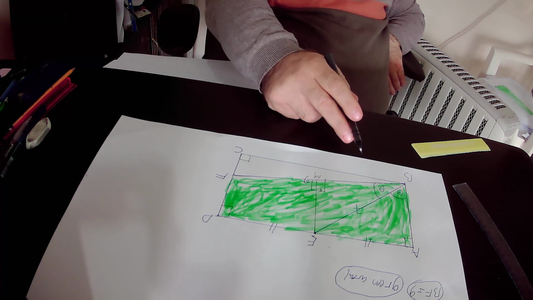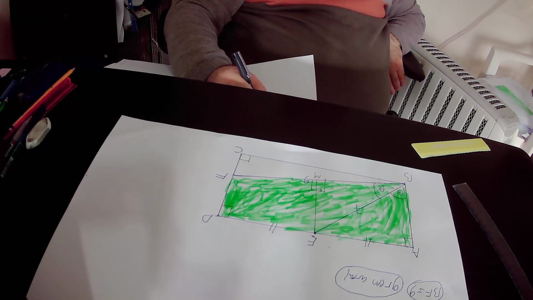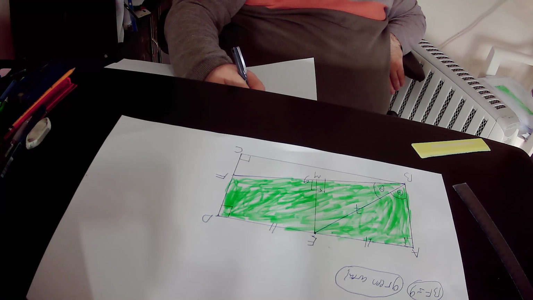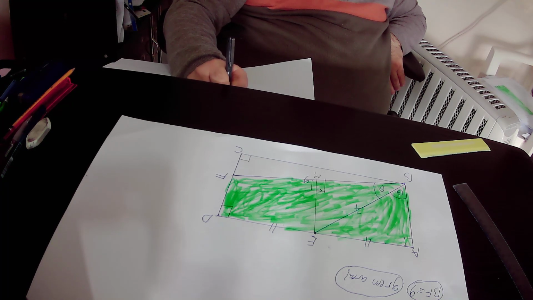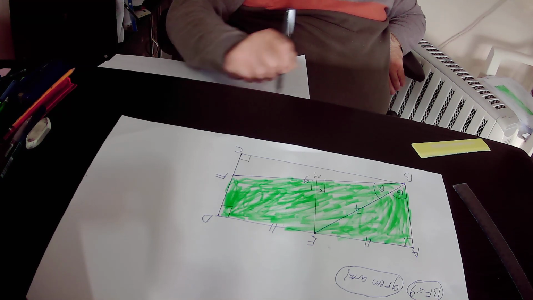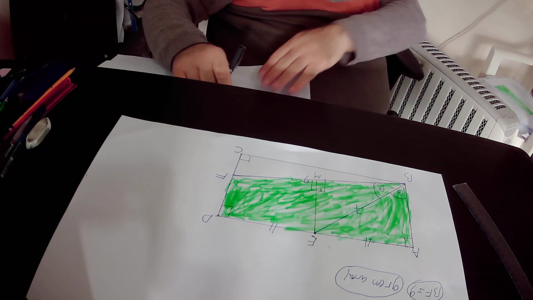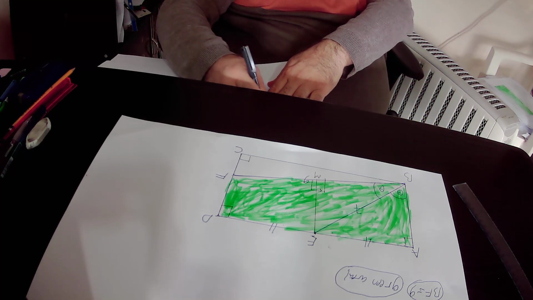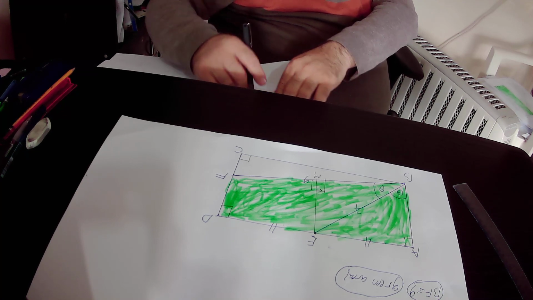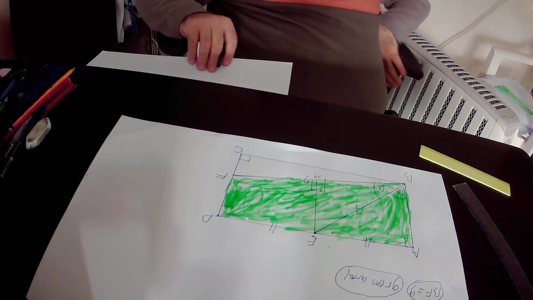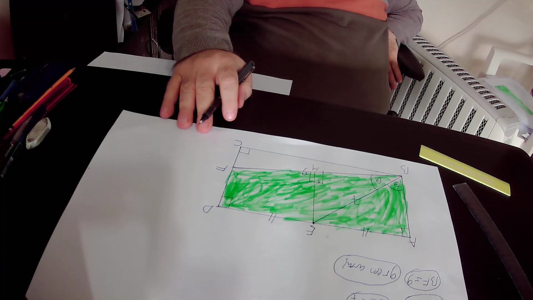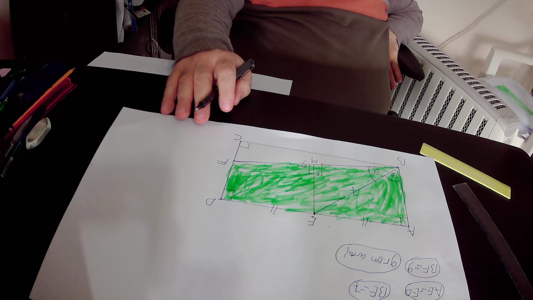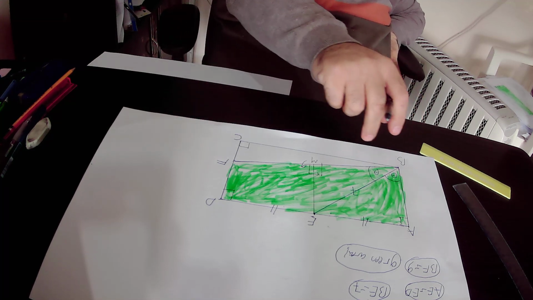So we relate triangle ABE and triangle BEM. First of all, we know that those two angles are equal to each other.